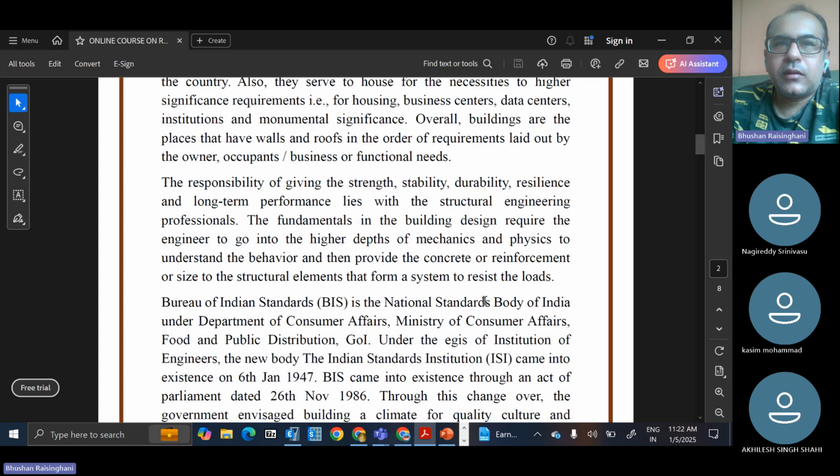Like in the elastic analysis, we take the assumption that members are plane before and after bending. That is the first assumption we take in flexure analysis.